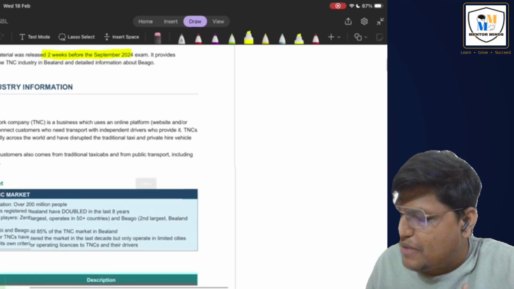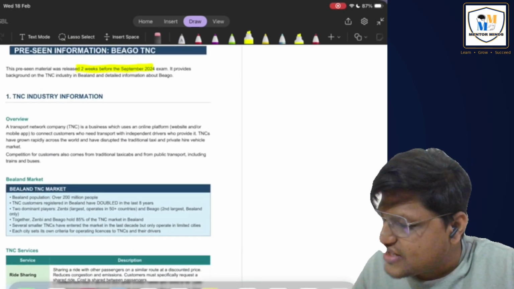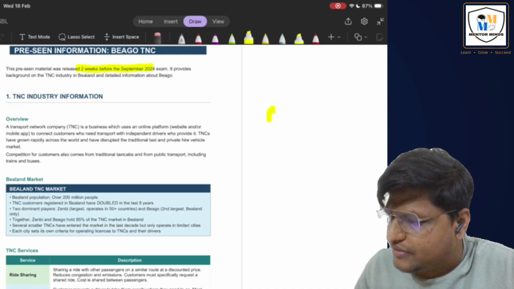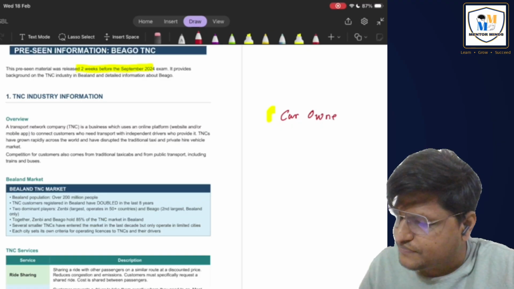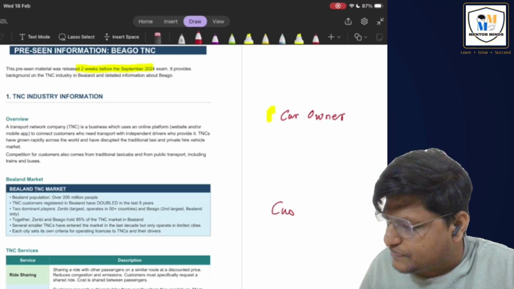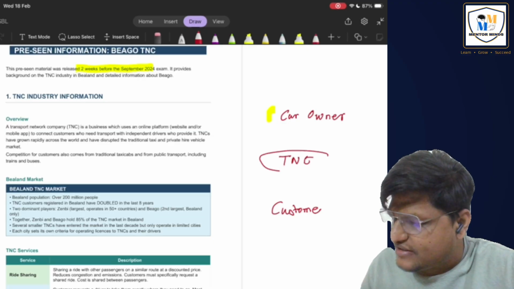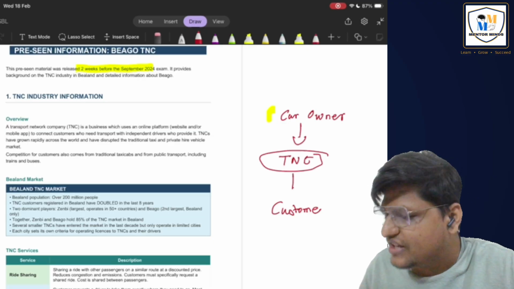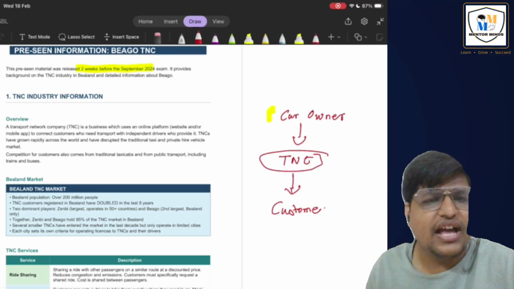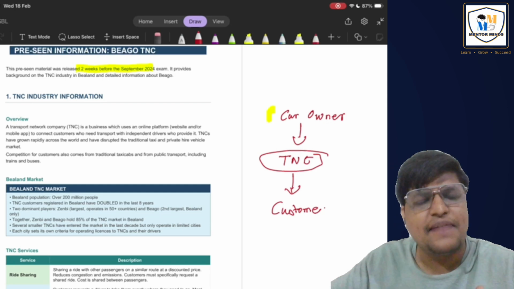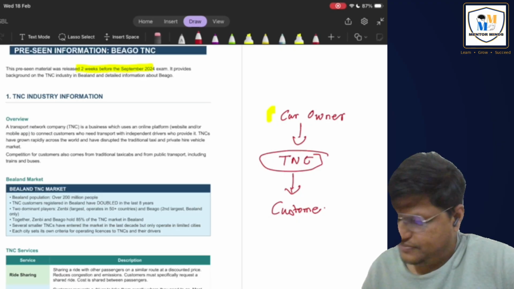Just to give a simple example, you know Ola and Uber. They are just the intermediary between the car owner and the customer, and in between is the TNC. So this TNC is a mediator between the car owner and the customer, helping them book rides and providing other services similar to Uber or Ola.